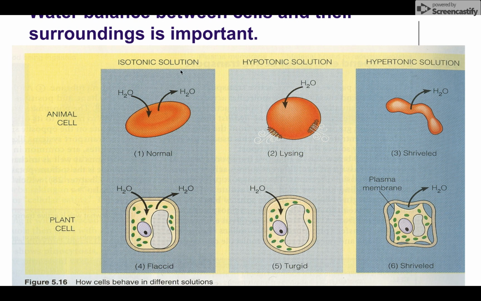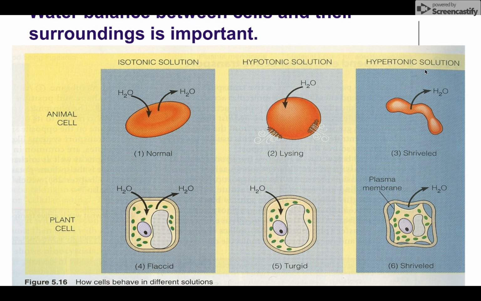In an isotonic environment, there's equal amount of water inside and outside. It means that even though water moves in and out, there's going to be a balance. So at the end, there will be no net movement of water. In a hypotonic solution, which is this gray solution, there's so much more water, and therefore water is going to move into the cell, and that could cause the cell to rupture or to die.